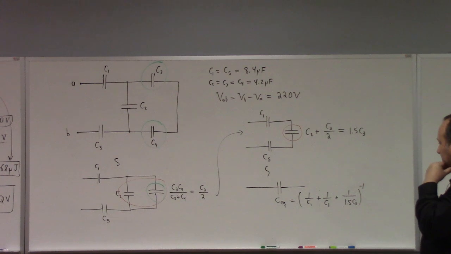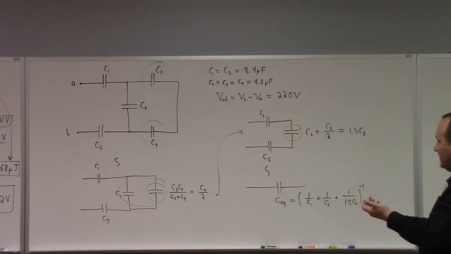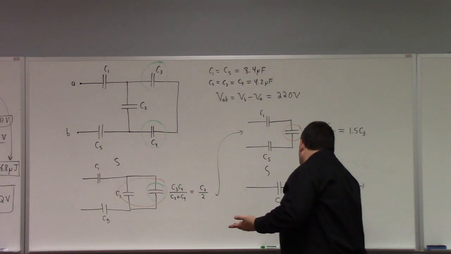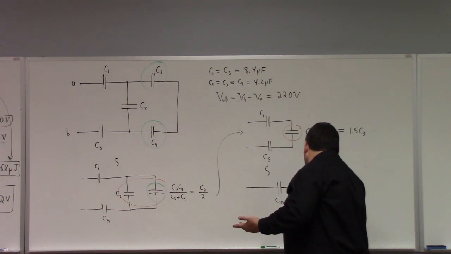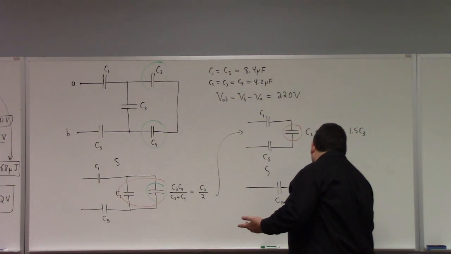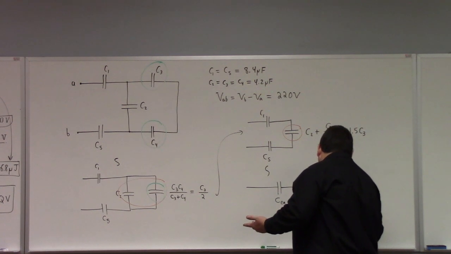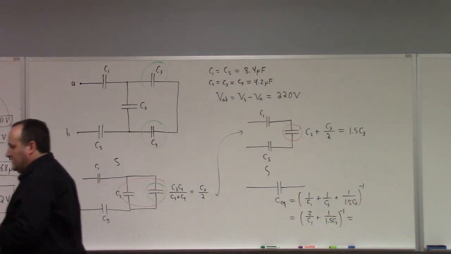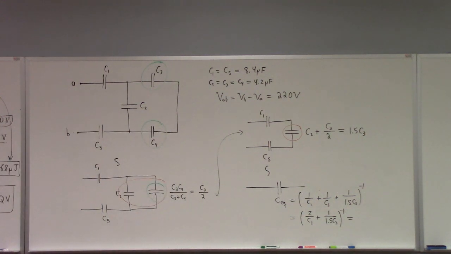And because we can make our life easier using algebra here, C1 and C5 are equal. So really all we're up against here is 2 over C1 plus 1 over 1.5 C3. Now you don't have to do things with algebra like I'm doing here, obviously. You could put in numbers and you could make it uglier if you wanted to. But I like to use letters, personally.